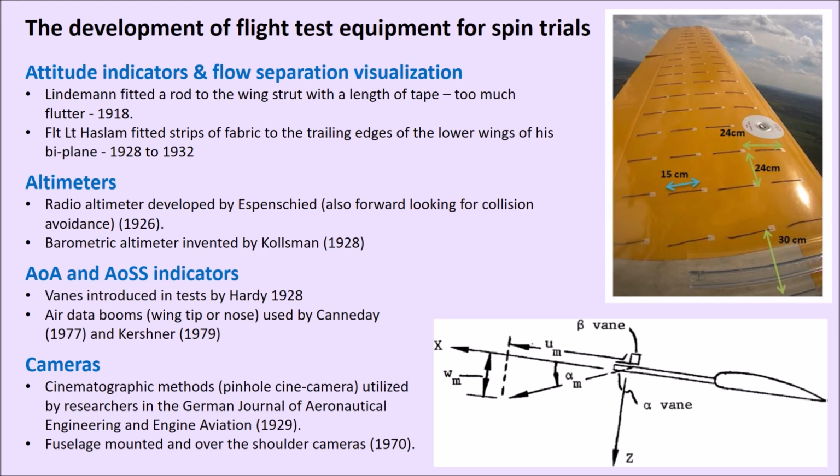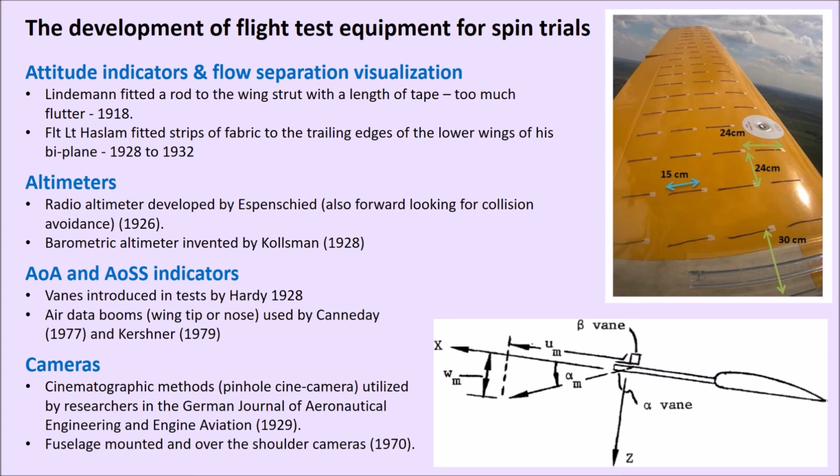So the way around this, obviously, that we use today is to extend a boom out of the nose of the aircraft or out of the wing of the aircraft, for example, to get the vane in as close to free stream conditions as possible. And booms were first introduced by Canada in the 70s and later by Kirshner.